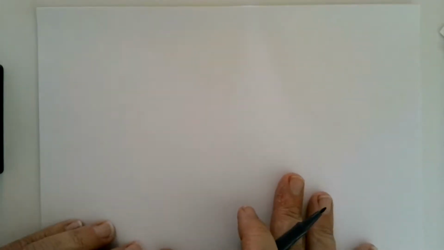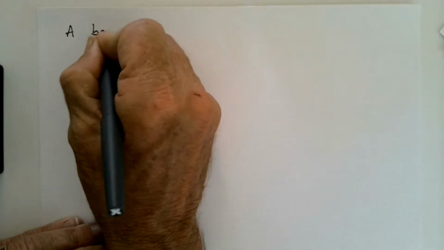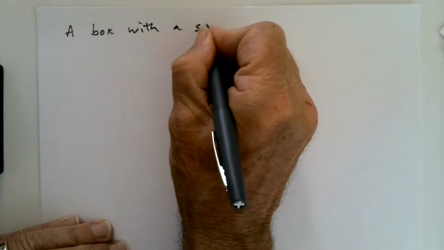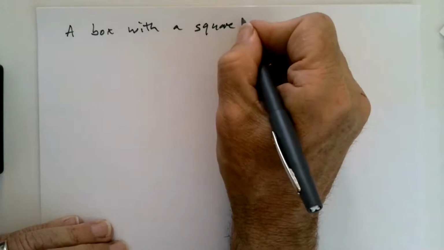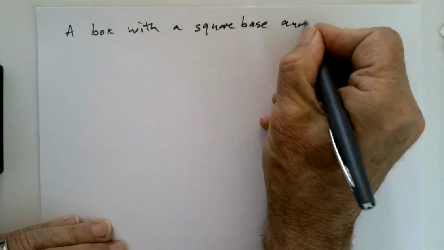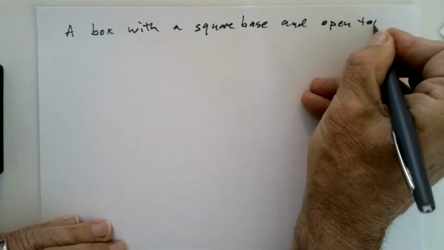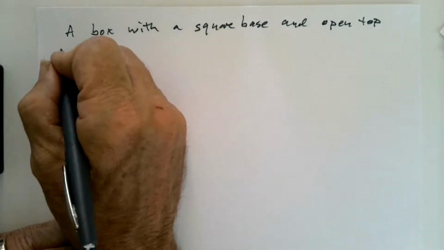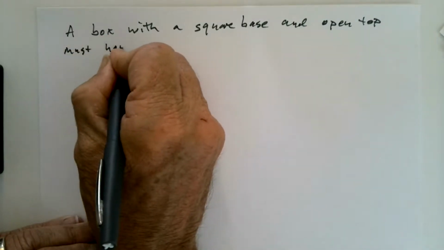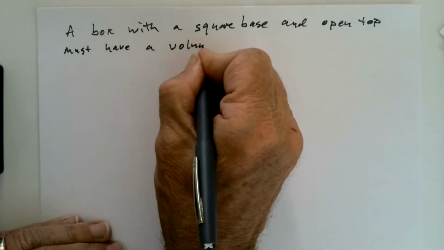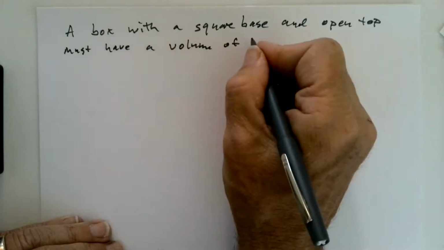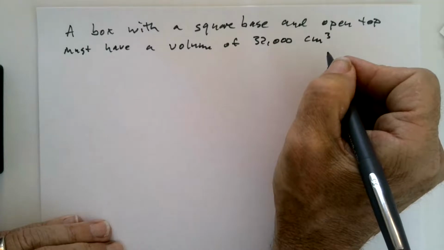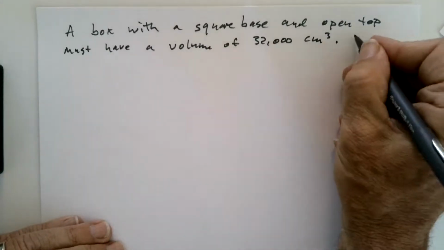A box with a square base and open top must have a volume of 32,000 cubic centimeters. Find the dimensions of the box that minimize the amount of material used.